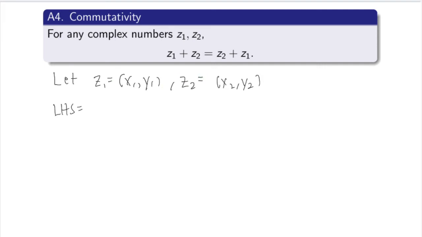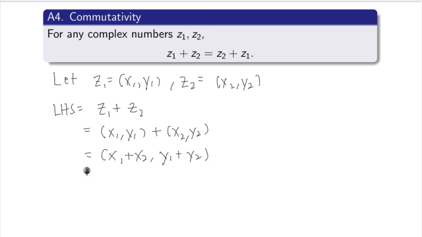The left-hand side is equal to C1 plus C2. And plugging in the values for C1 and C2, we have (x1, y1) plus (x2, y2). Using the definition for addition of complex numbers, we have the real part x1 plus x2 and the imaginary part y1 plus y2.